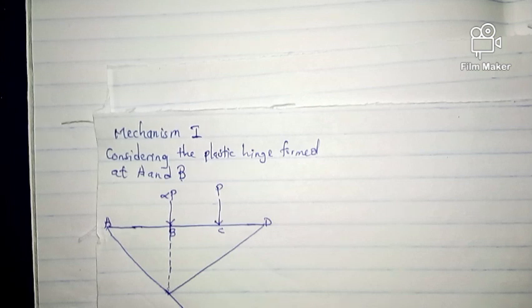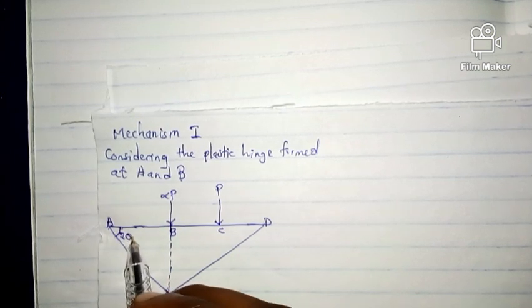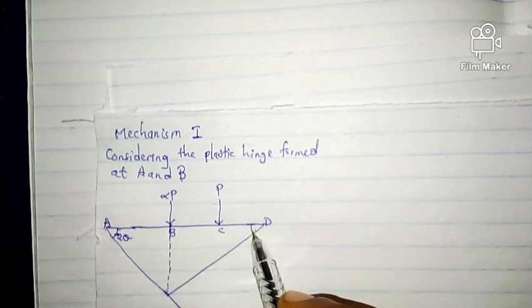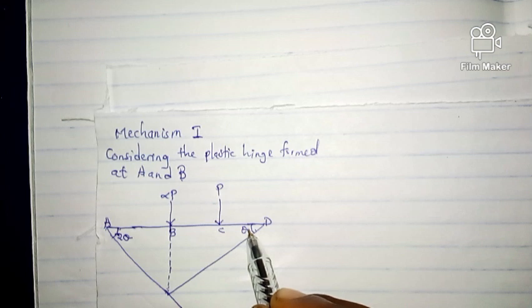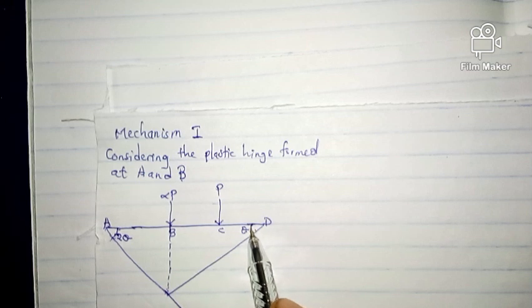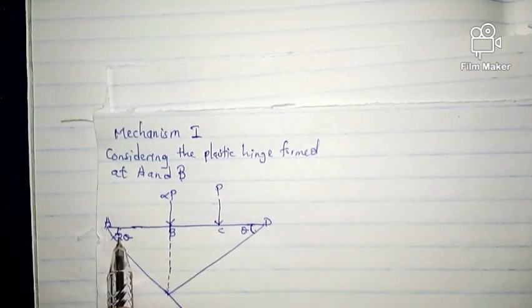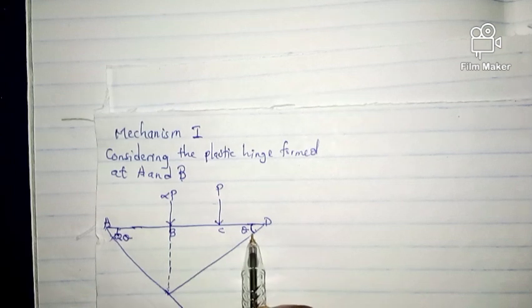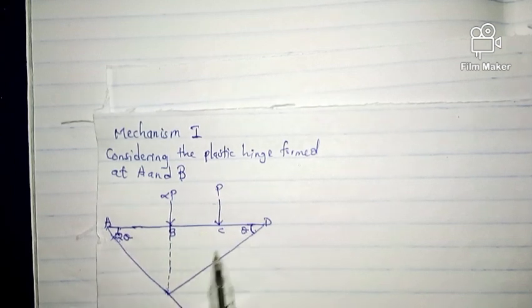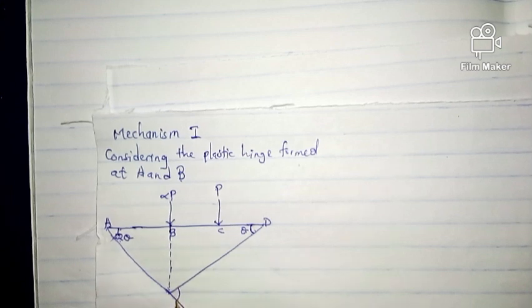Now, this angle is 2 theta, because this angle is 2 times this angle. So this angle is theta. This angle is theta. This angle is 2 theta. Why? Because if this angle is theta, then this one will be 2 times bigger than this one. Then the summation of these 2 angles will give us the external angle.